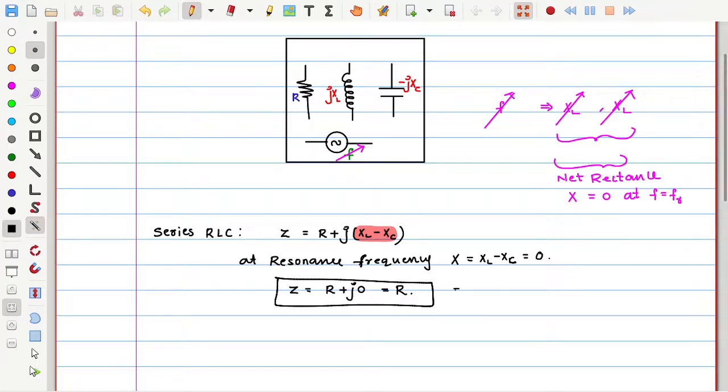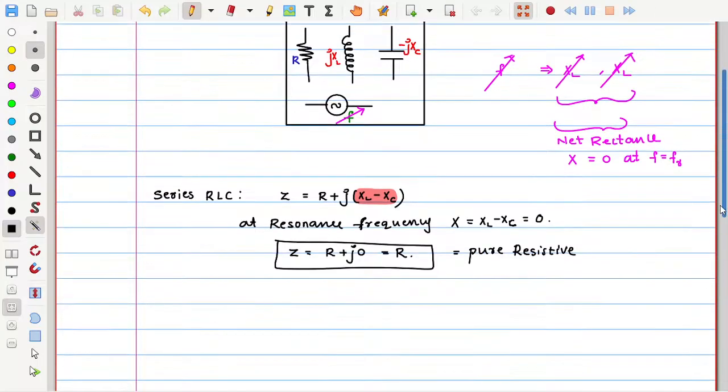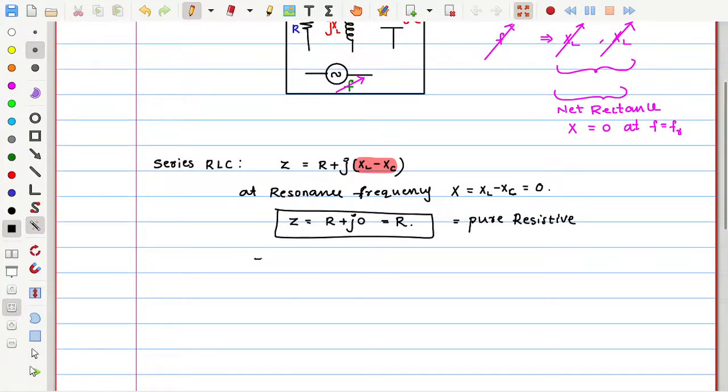That means the impedance is purely resistive at resonance frequency. One more point you can conclude here is that the imaginary part of the impedance is equal to 0 at resonance.